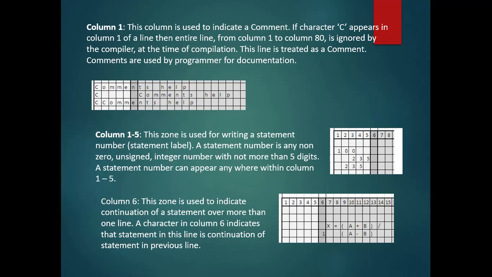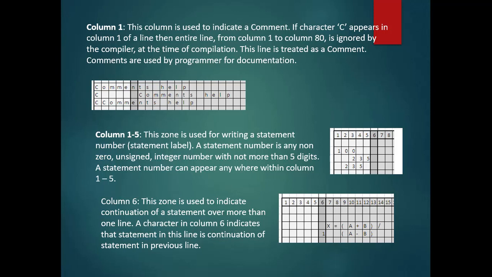So what does that mean? If you just write C in column number 1, that particular line would be totally ignored by the compiler whenever the program is to be compiled, and that line is considered as the comment line.